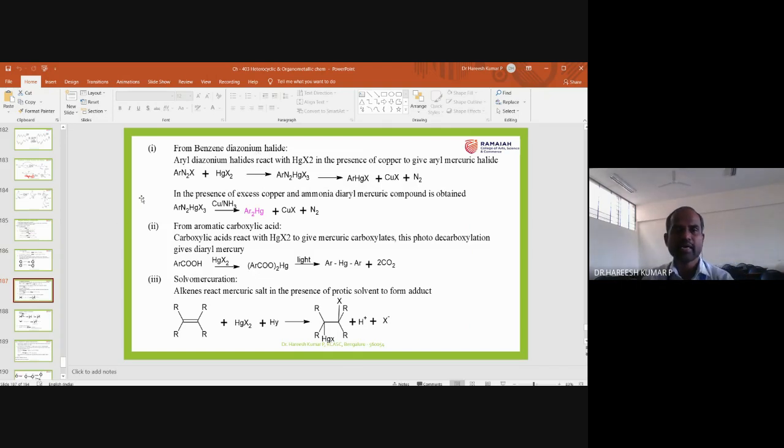Here ArN2X is a diazonium compound. When this diazonium compound is treated with mercuric halide, HgX2, there will be a reaction. N2 will go out. When N2 goes out, what is the product formed?